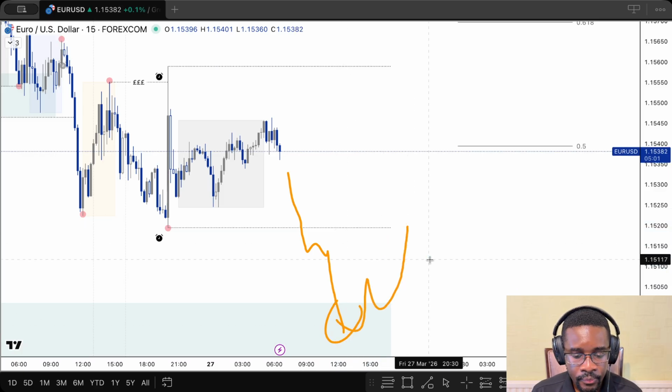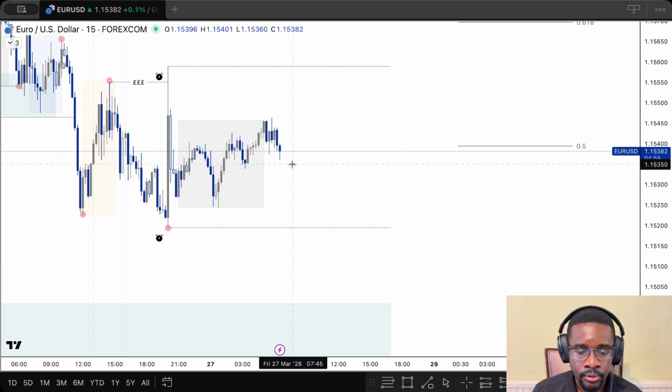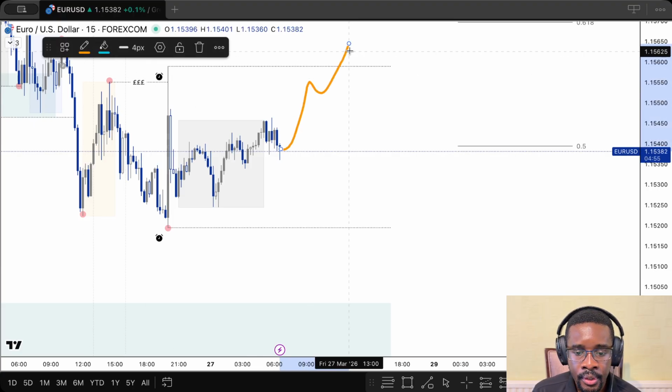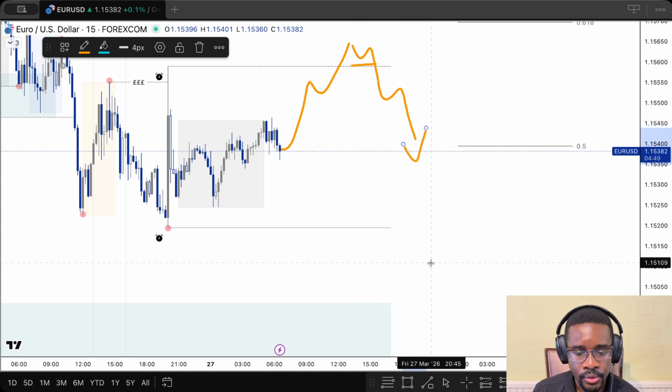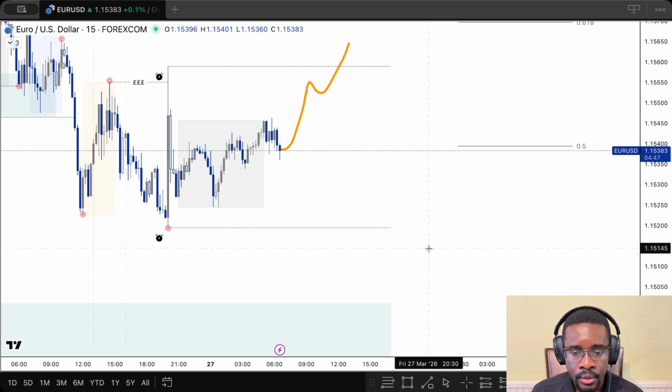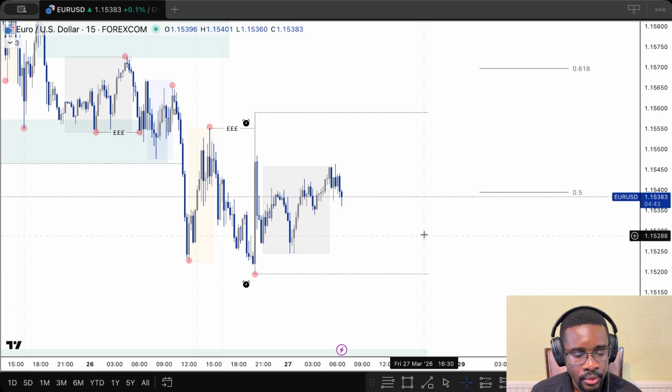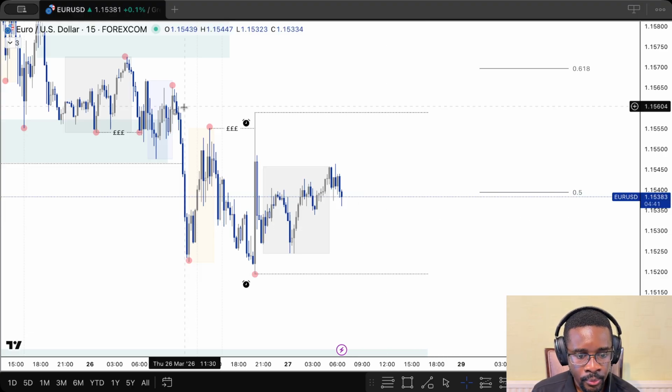Okay, if it breaks high above this area, then we could look for lower time frame confirmations to then look for shorts. Okay, that would be maybe what I'll be waiting for.